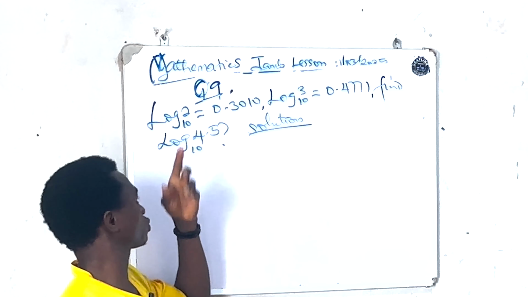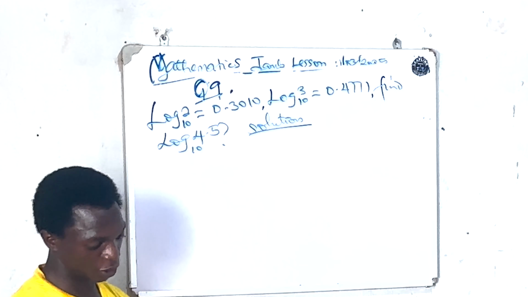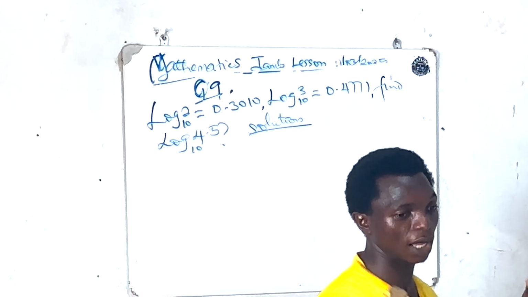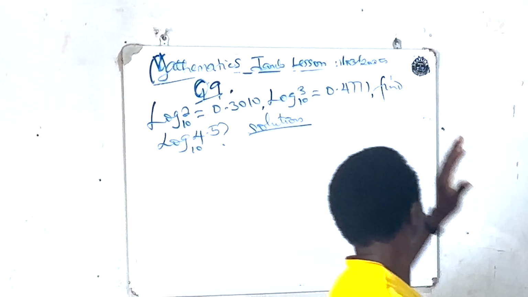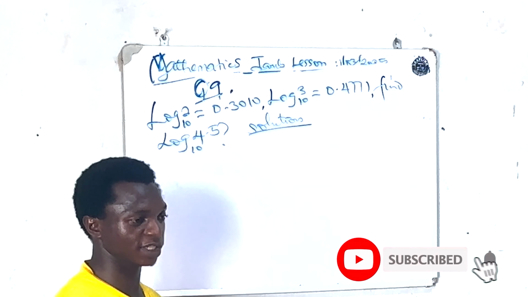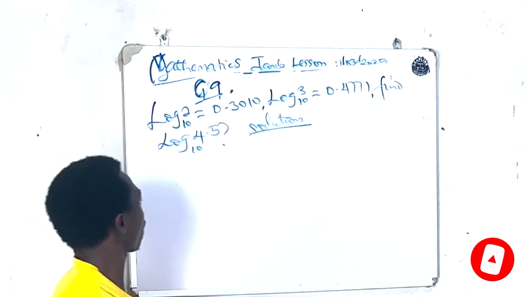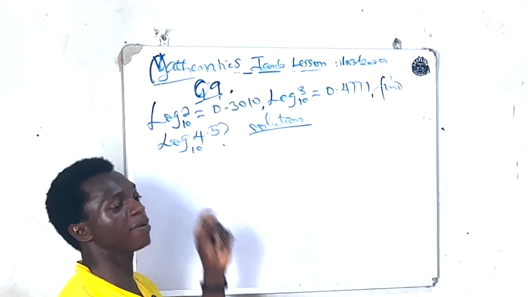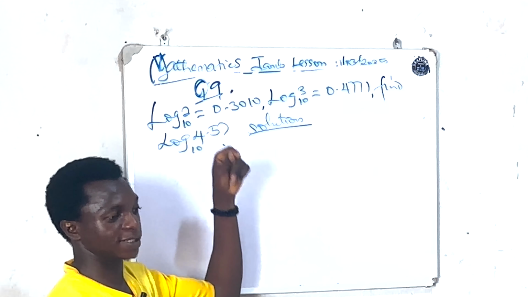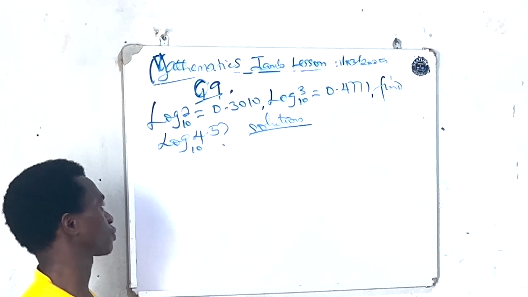While log 2 gives us 0.3010. Now we are given log 2 and log 3 as these respectively. Then what will log 4.5 in base 10 be, because all the logs are given in base 10? That is the question. Look at the board.